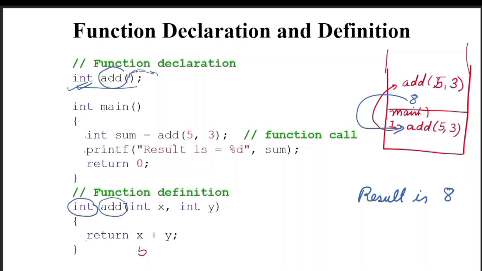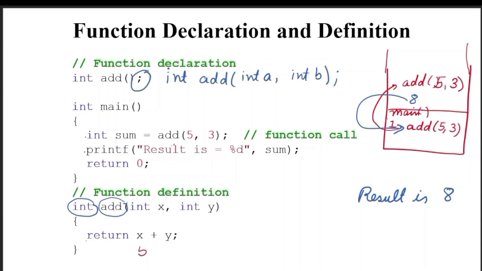Writing or not writing the parameter list is optional. So here you could have also written int add int a, int b. So it would have worked. Remember to put a semicolon at the end.